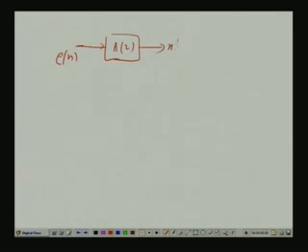First, suppose you have got a white process. I called it EN last time, but maybe I change it to EN. This is XN.